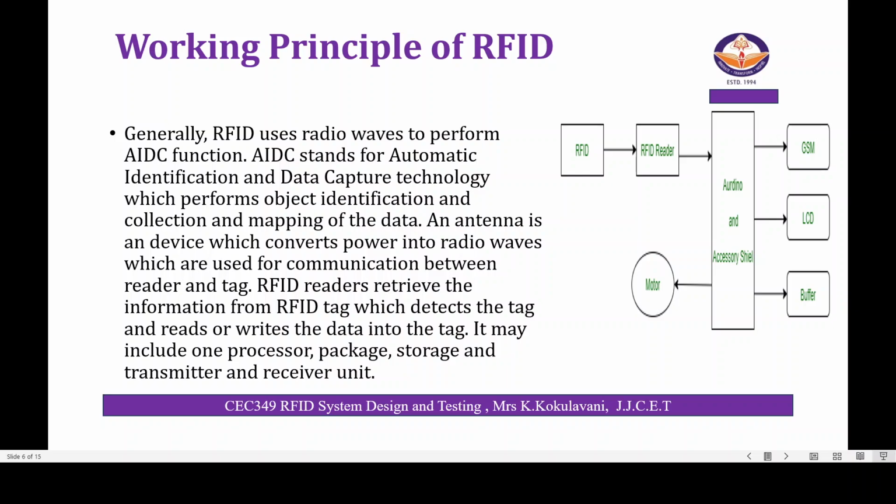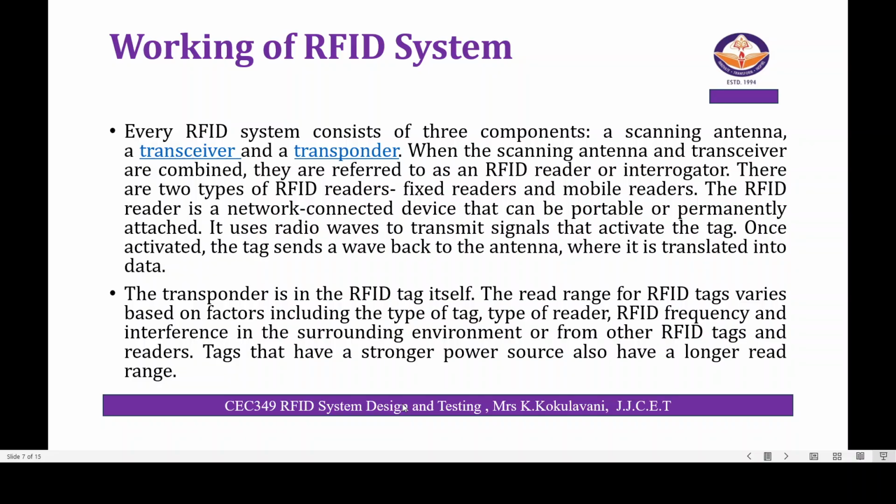An antenna is a device which converts power into radio waves, which are used for communication between the tag and the reader. RFID readers retrieve the information from the RFID tag, detecting the tag and reading or writing the data into the tag. It may include a processor, storage and a transmitter and receiver unit.